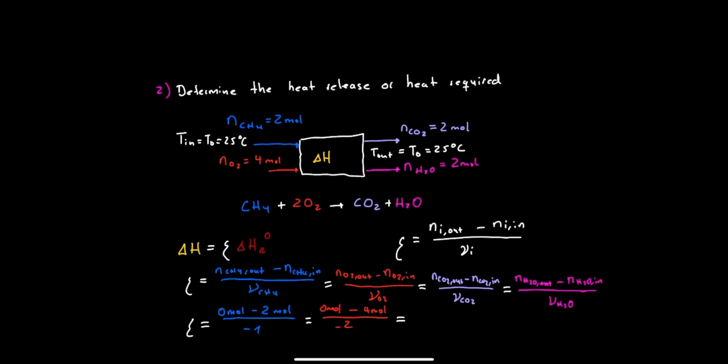So we have 2 moles of carbon dioxide leaving our system, but no carbon dioxide entering our system, hence 0 mole, divided by the stoichiometric coefficient. Because it's a product, it's going to be positive, and because we have only one CO2 in our reaction, it's +1.